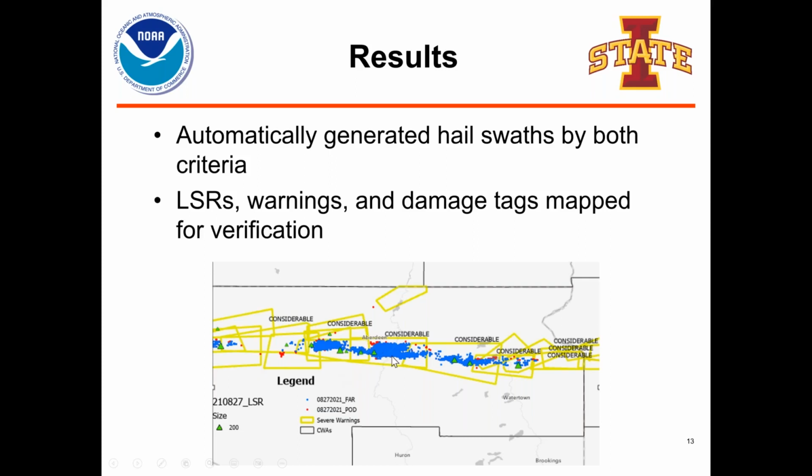The blue is more of a strict criteria, so you're going to get fewer pixels, but either way you have both of those outlining this hail swath, in this case in northeast South Dakota. And then other things that get downloaded by the program are LSRs, severe thunderstorm warnings, and I also mapped out damage tags in this specific example.